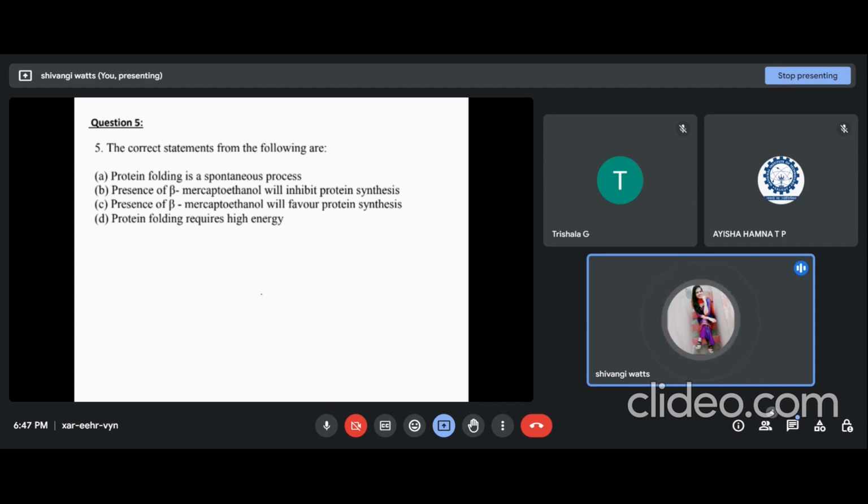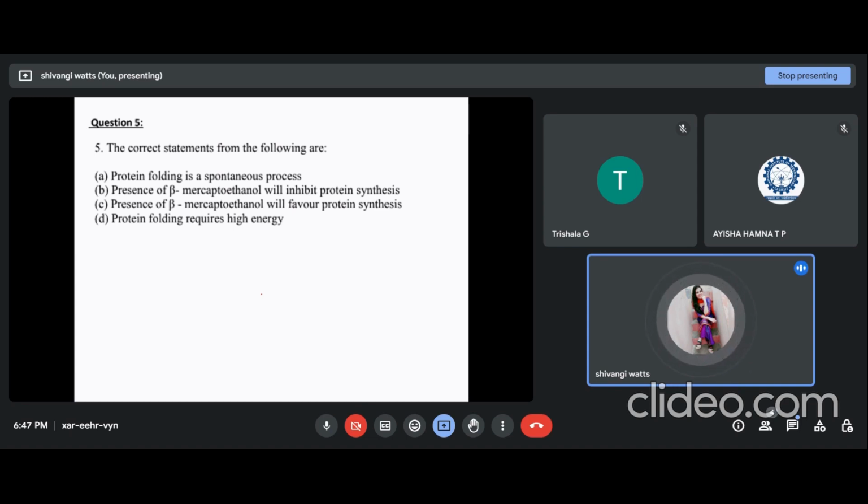Now tell the correct statement from the following. First, protein folding is a spontaneous process. Option B is presence of beta mercaptoethanol will inhibit protein synthesis. Option C is presence of beta mercaptoethanol will favor protein synthesis. One is inhibition of protein synthesis, C is favor of protein synthesis.